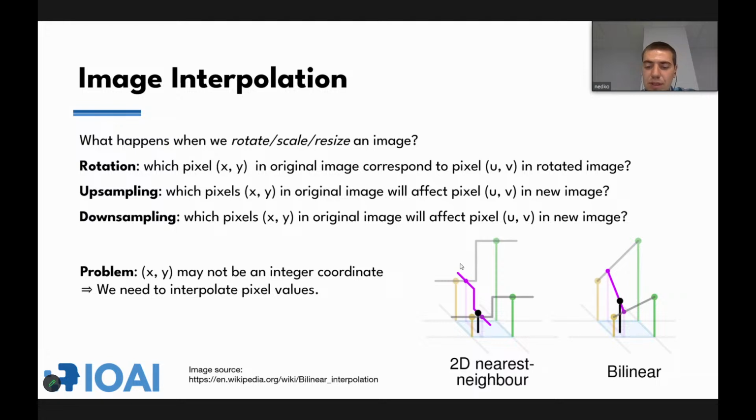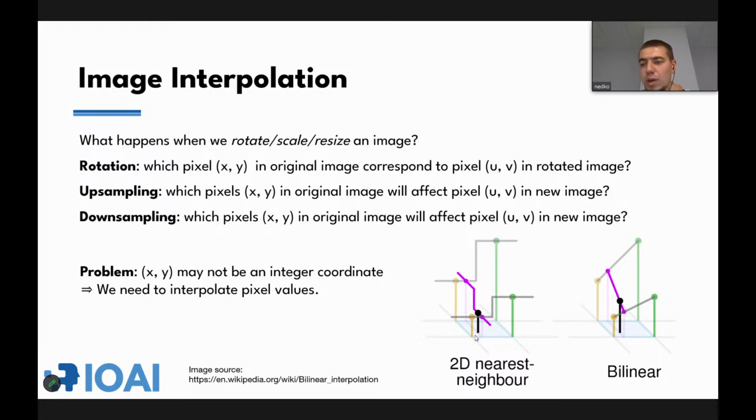So all of a sudden, we need to find the color of a pixel that we just transformed, which is in between some of the original colors. So the new pixel is here. We need to know what the color is. And these are the old grid, the untransformed pixels around it. And we need to get the new color.